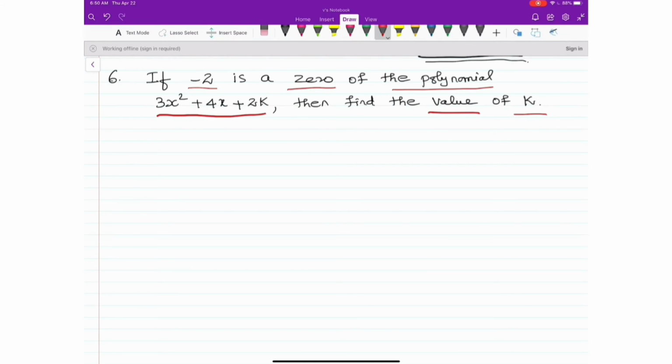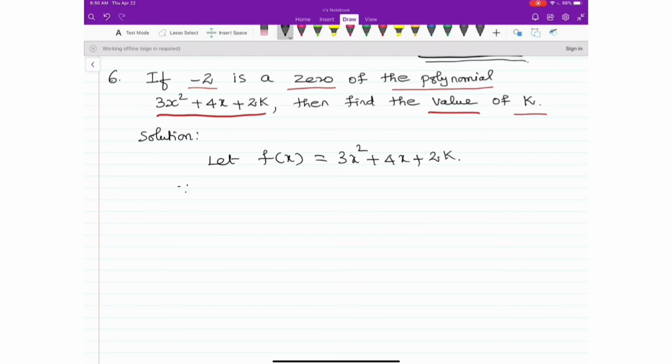Solution. First, let us make the assumption. Since the polynomial is in x, let me take f of x is equal to 3x square plus 4x plus 2k.